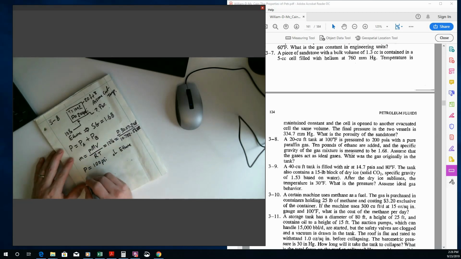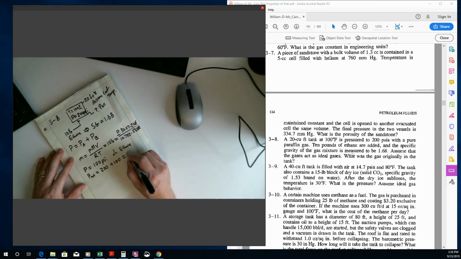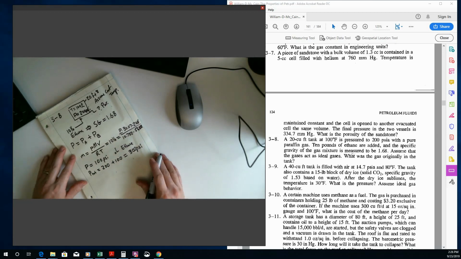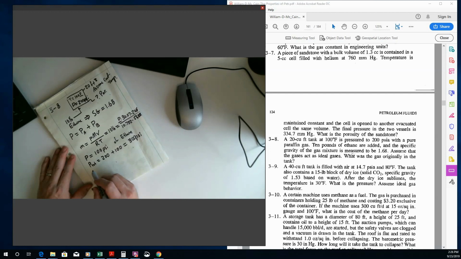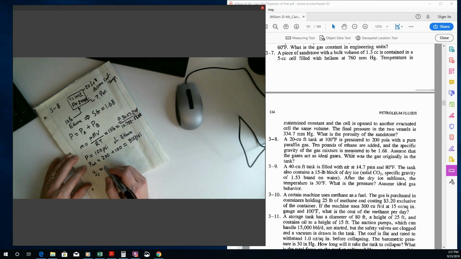So total pressure equals the original 200 plus 100. That's going to equal 300 psi. That's our total pressure. So now let's look at our partial pressures. As we know from Dalton's law, the composition of component J is the partial pressure of J over the total pressure.